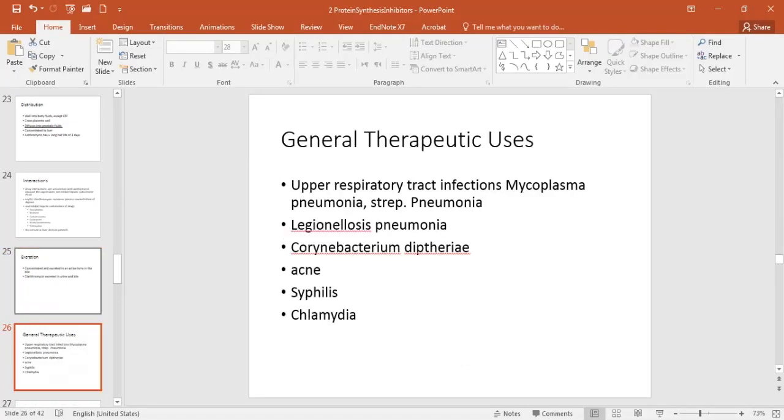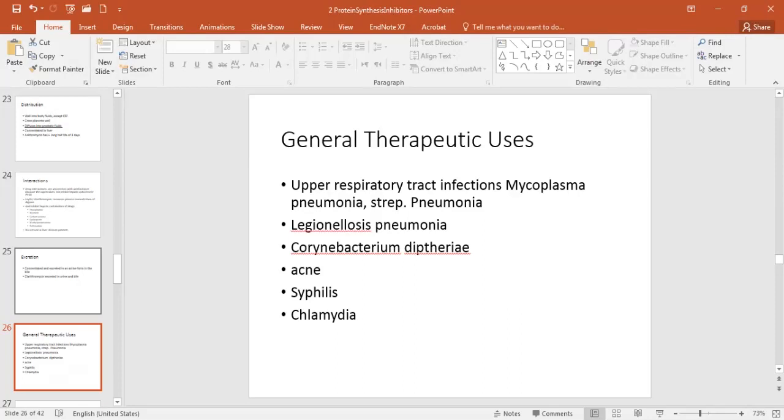What are the uses of macrolides? They are used in upper respiratory tract infections such as mycoplasma pneumonia, streptococcus pneumonia, legionellosis pneumonia, Corynebacterium diphtheria. يعني بشكل عام لما يخص respiratory infections, macrolides are one of the best choice drugs.